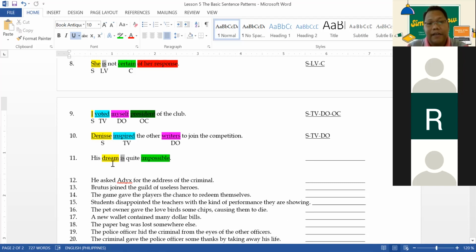It's a yes, which means that this dream and this word impossible are indeed in reference to each other. What are the functions of these words in the sentence? Dream is the subject. Impossible is the complement. And if you have a complement, that means that your verb is a linking verb. Sentence pattern S, L, V, C.